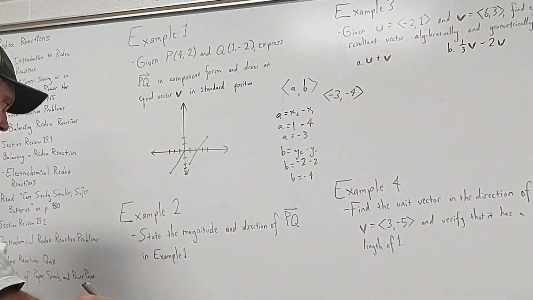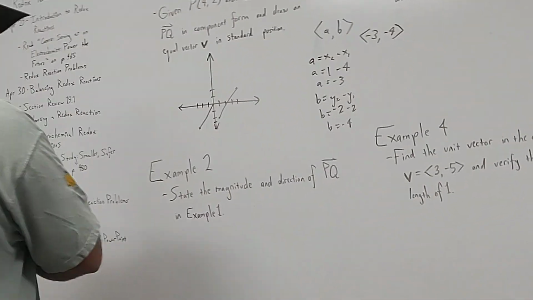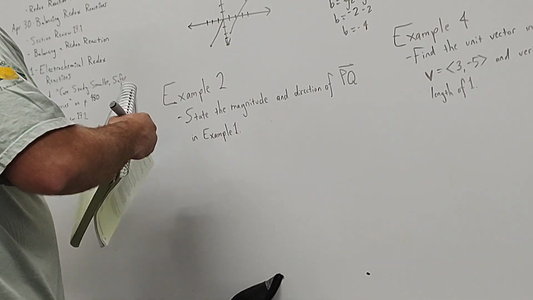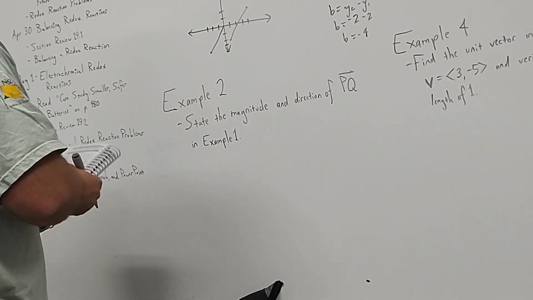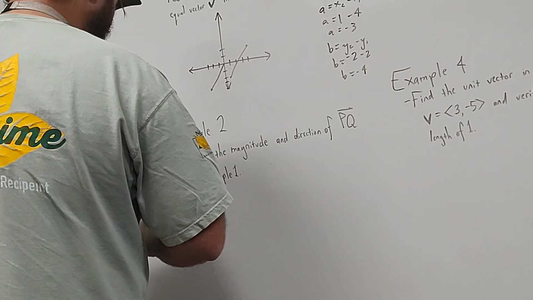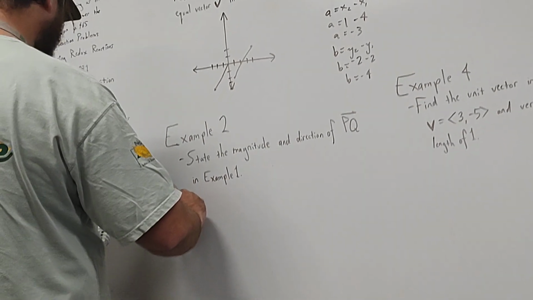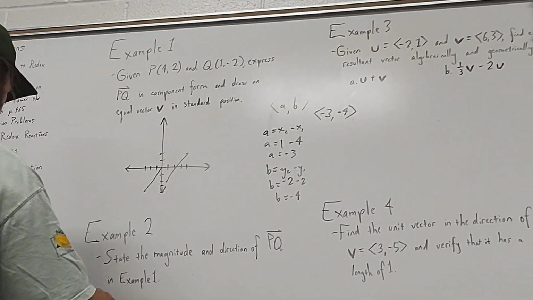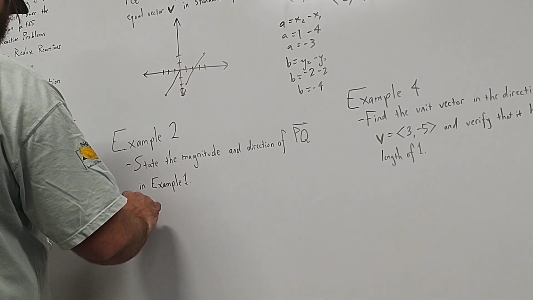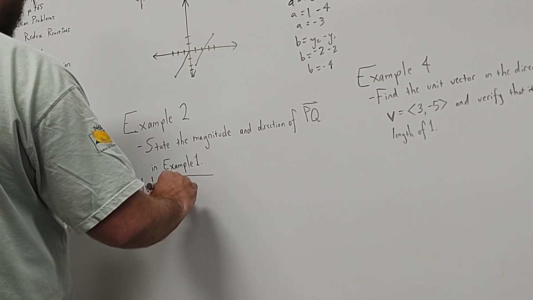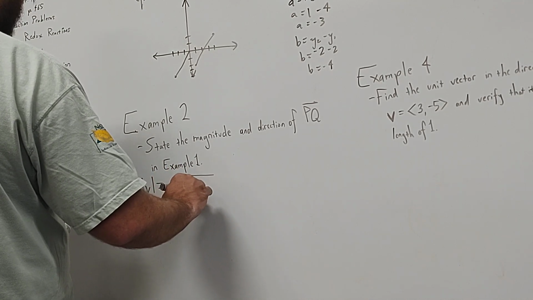Okay? And the next example says state the magnitude and direction of PQ in example 1. And that's going to be pretty easy because we already have a formula for that. And the formula is the absolute value of the vector equals the square root of a squared plus b squared.